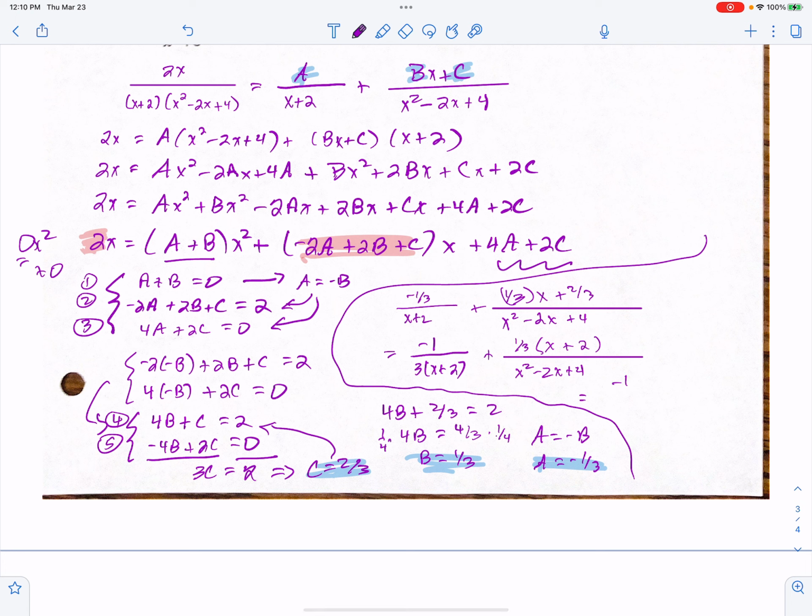So then this is a negative 1 over 3x plus 2. And that 1/3, the 1 is times the x plus 2, and the 3 is times the quantity in the denominator. And that's my answer.